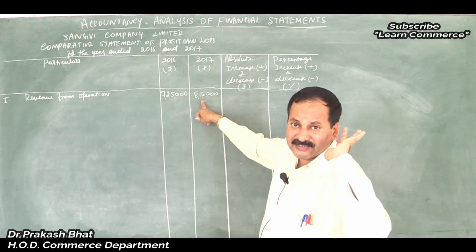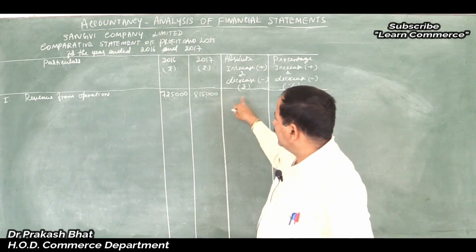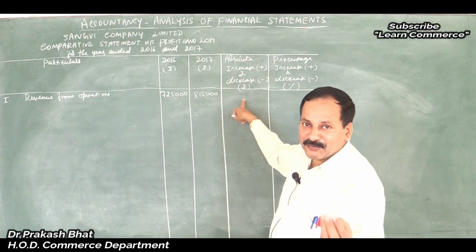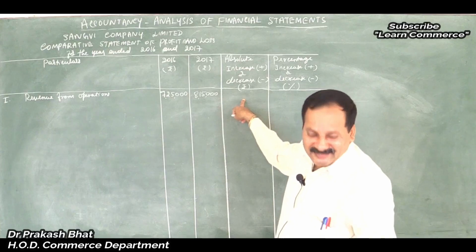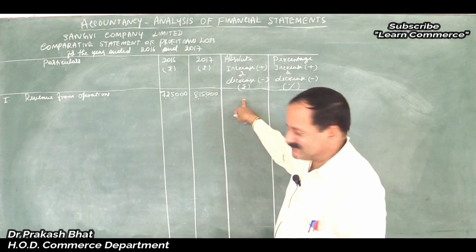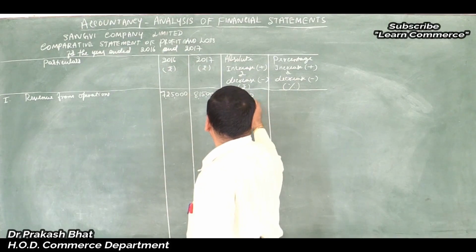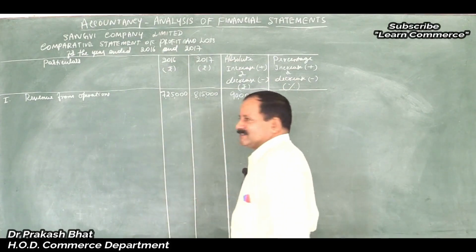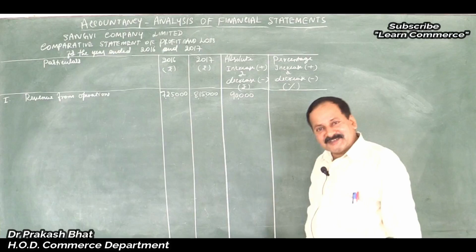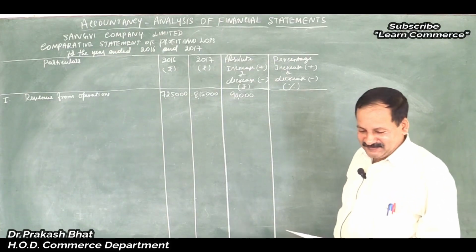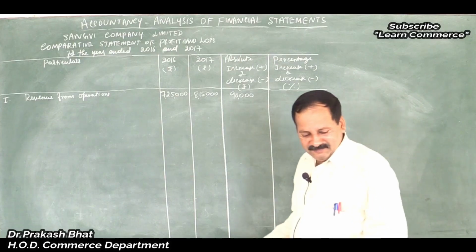So write the difference, that's all. Simply work for the calculator, right? Yes, 90,000. Don't write plus or minus. No bracket means it is plus. Bracket means it is minus. Remember this. Very simple. Clear?